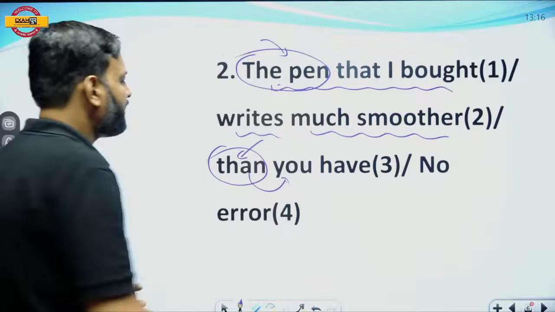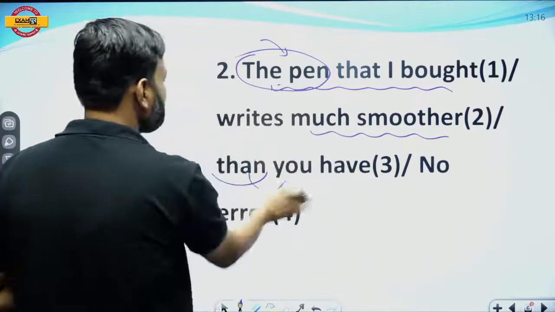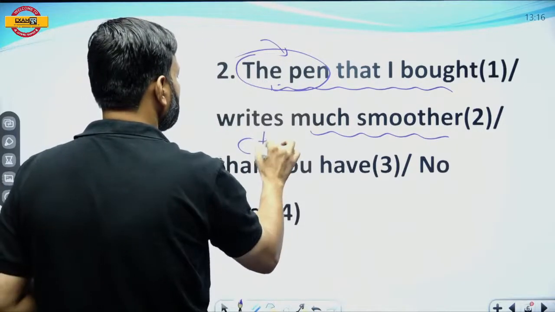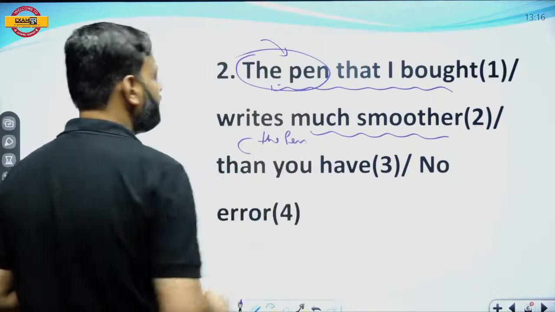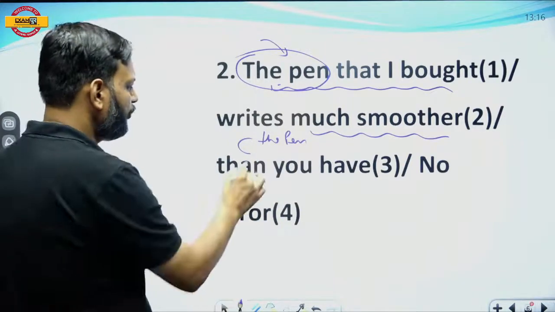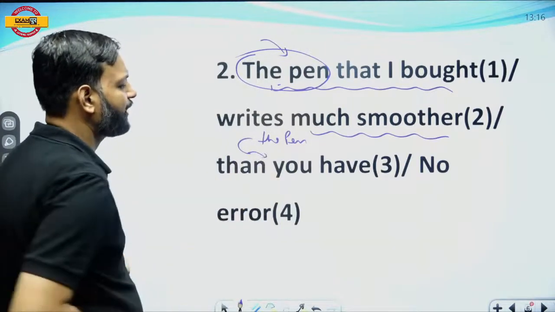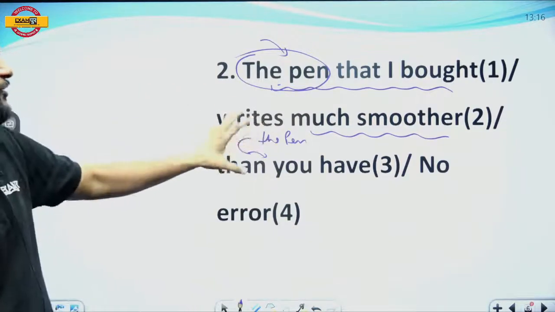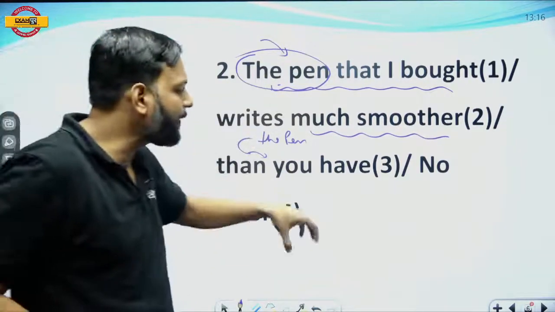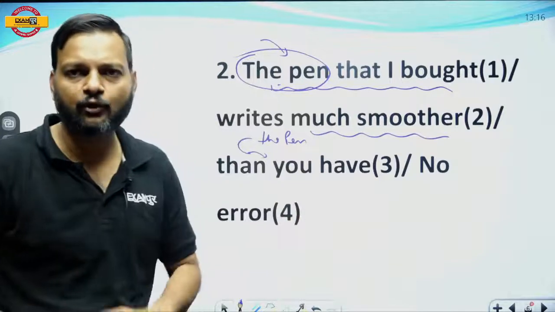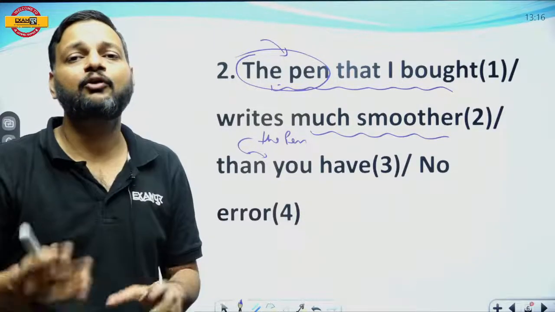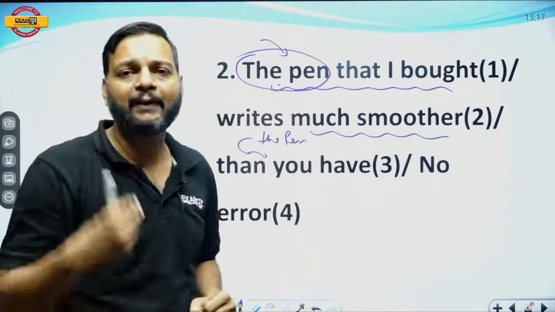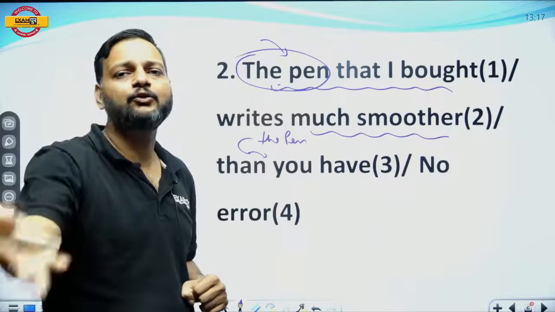So the correct sentence would be: the pen that I bought writes much smoother than the pen you have. Now the comparison is logical, because now I am comparing the pen I bought with the pen you have.